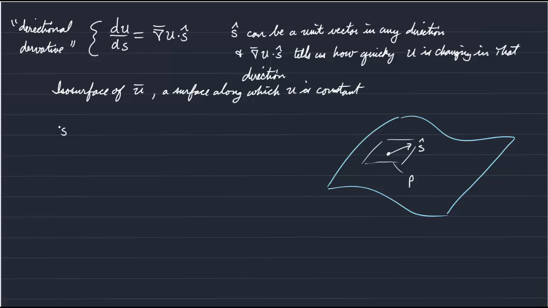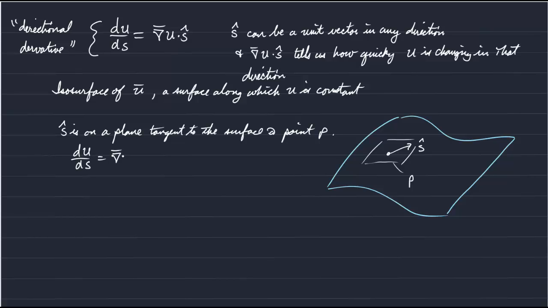So S hat is on a plane tangent to the surface at point P. So again, we want to find how quickly U is changing in that direction.